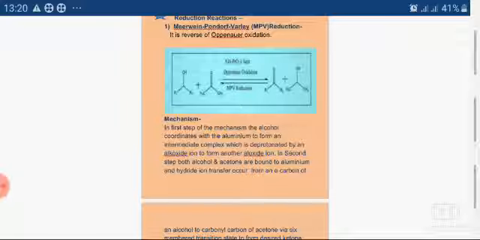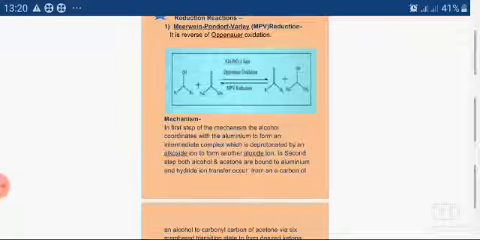Also, the removal of oxygen is known as reduction reaction, or the addition of electrons is also known as reduction reaction. So for your syllabus, just the addition of hydrogen is known as reduction.